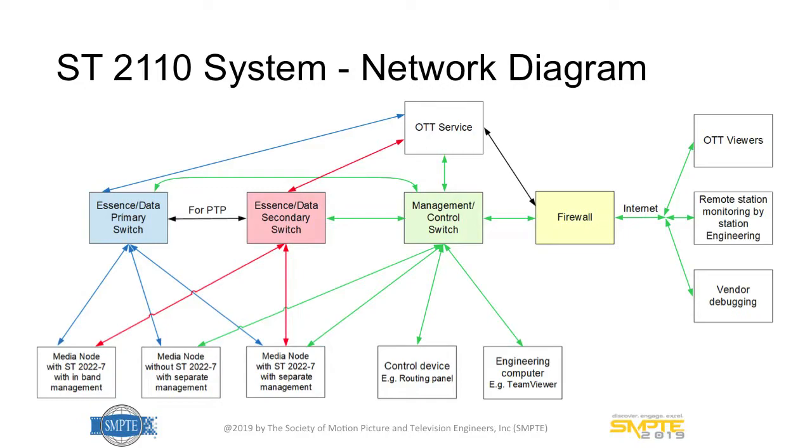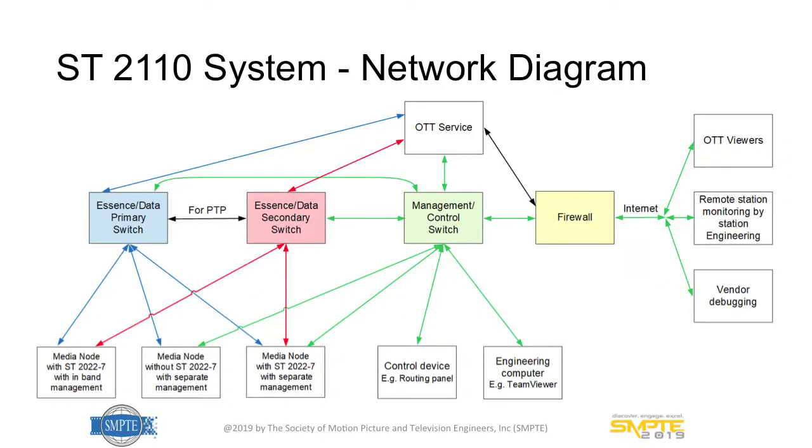Then you have all your media nodes, which are your main processing devices, at the bottom. Some of them will support -7, so they'll connect to both switches. Some won't support -7, so they'll connect to only one switch. Some devices use in-band control, so they won't have a separate management interface. Some devices have out-of-band management, so they'll have a separate connection. So this is what connections you'll see.